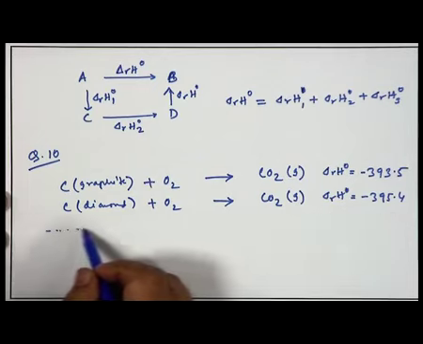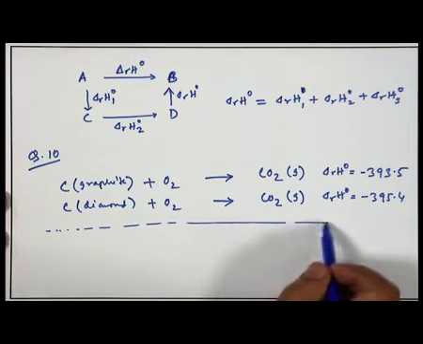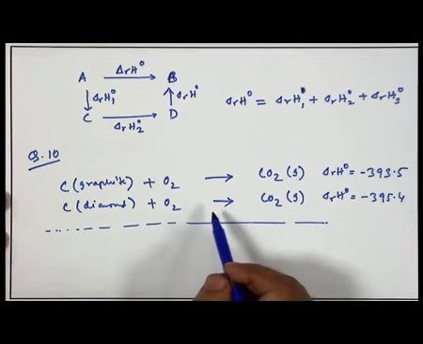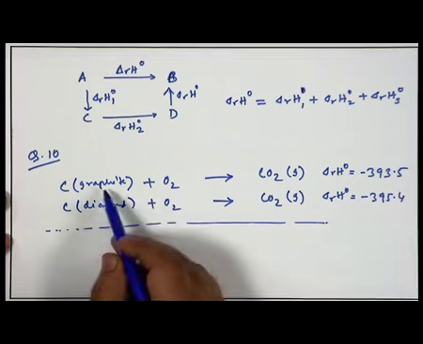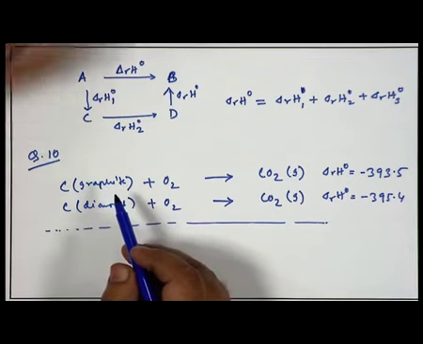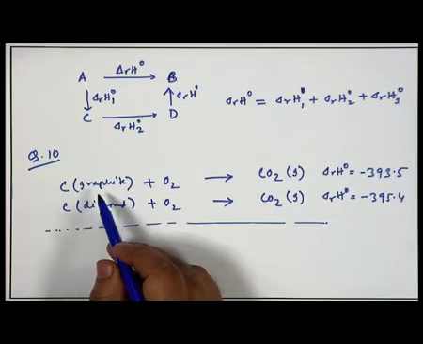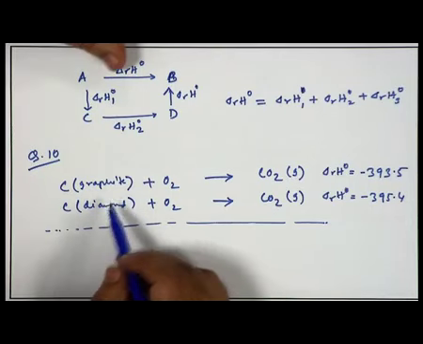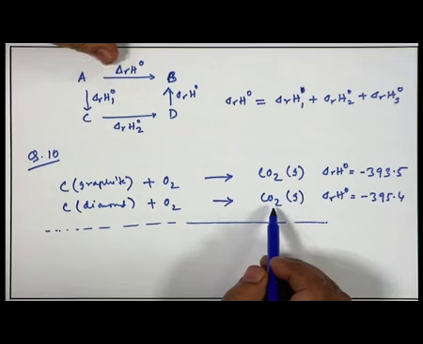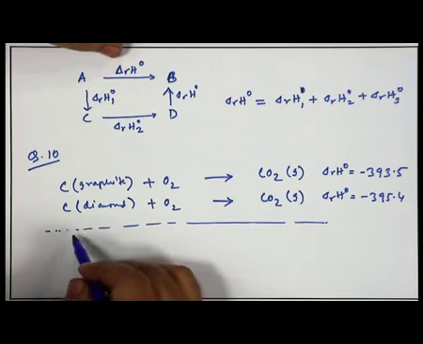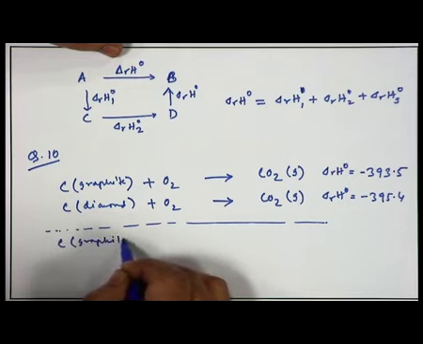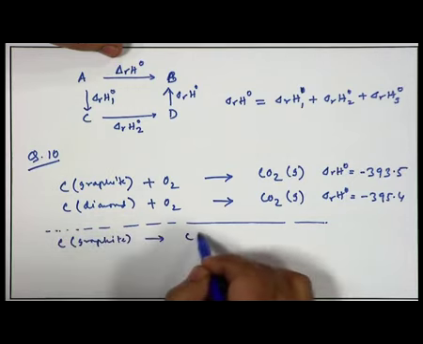So, if we add this and reverse this, since our interest is from graphite, we have to calculate the enthalpy change from graphite to diamond transition. That is the problem: graphite to diamond. So, graphite is the reactant and diamond is the product. So, we will reverse this second equation. So, C graphite equal to C diamond.